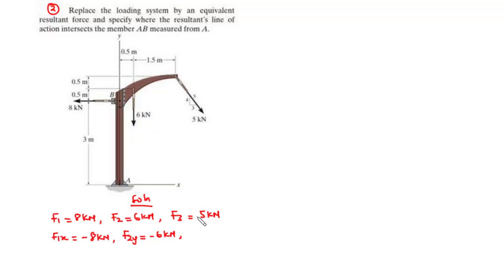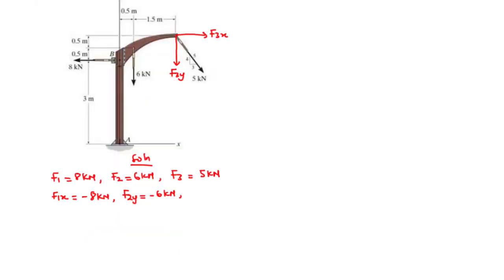And then for F3, it has both an x and y component. So this happens to be the x component, that is F3x, and then this, the y component, F3y. So for F3x is equal to, we have this small slope triangle.